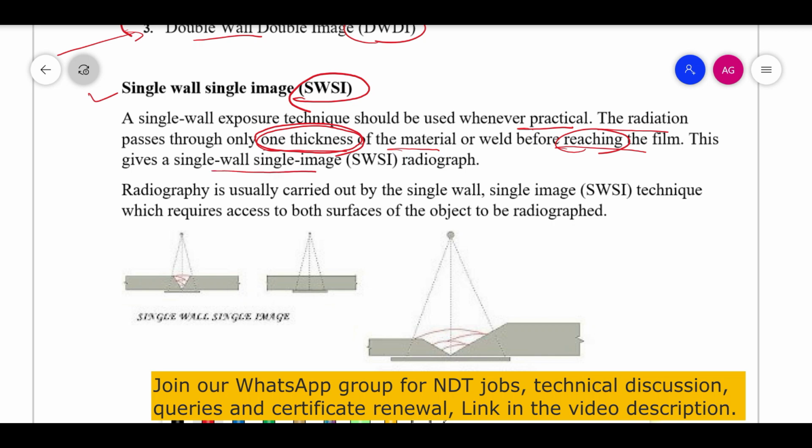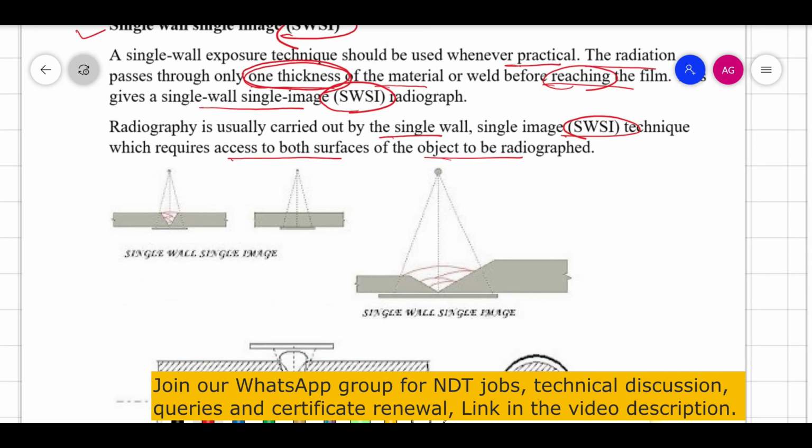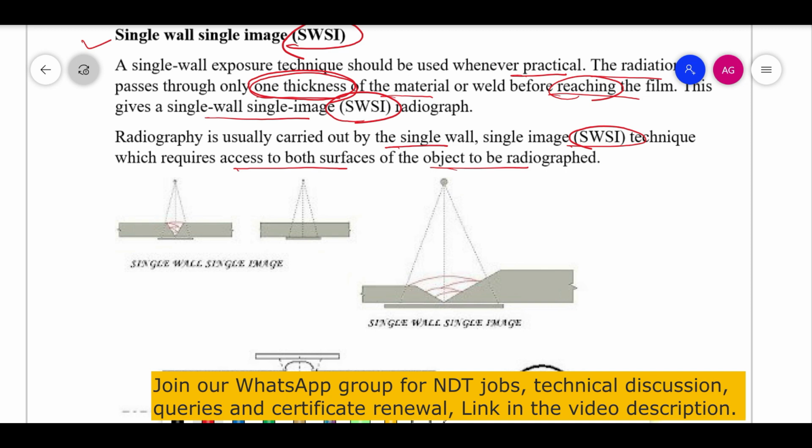This gives a single wall single image, or SWSI, radiograph. Radiography is usually carried out by the SWSI technique, which requires access to both surfaces of the object to be radiographed. So keep in mind that this technique requires both-side access; both-side accessibility is required for doing the SWSI technique.